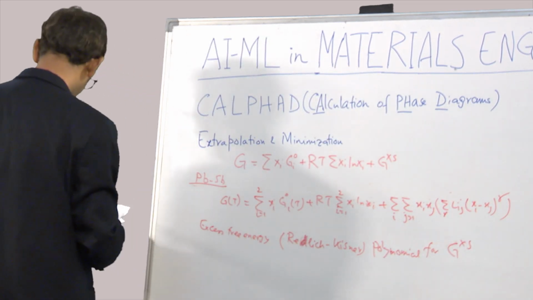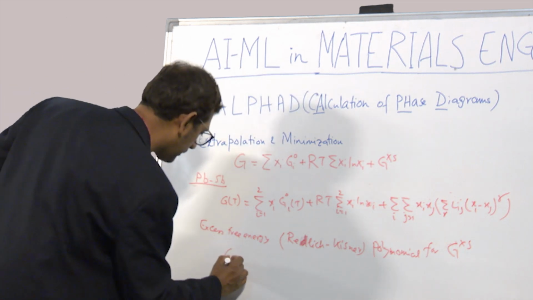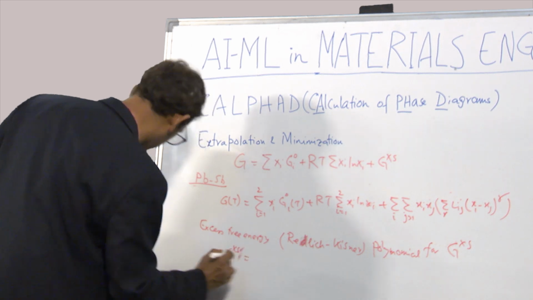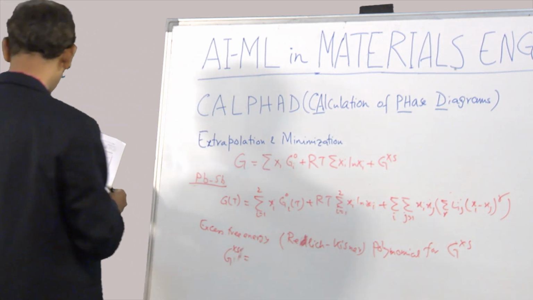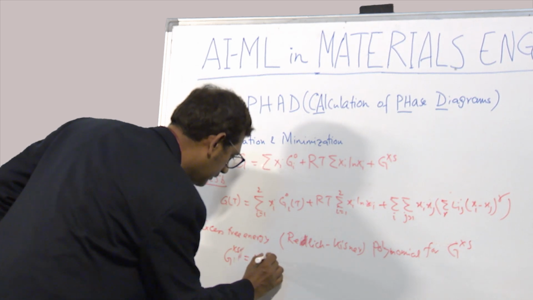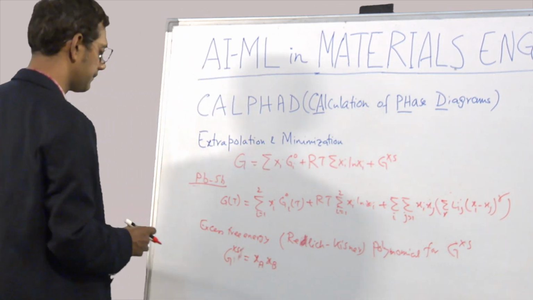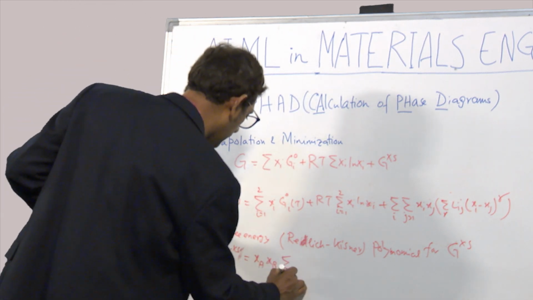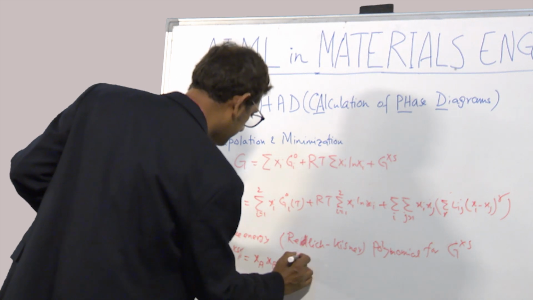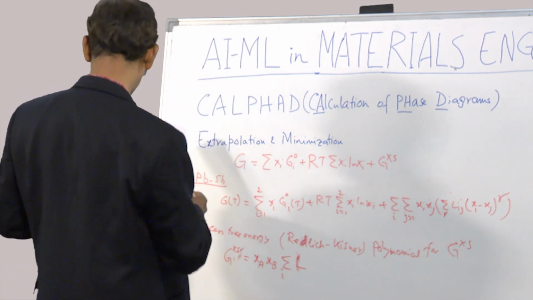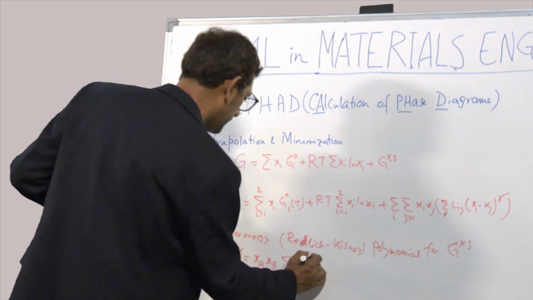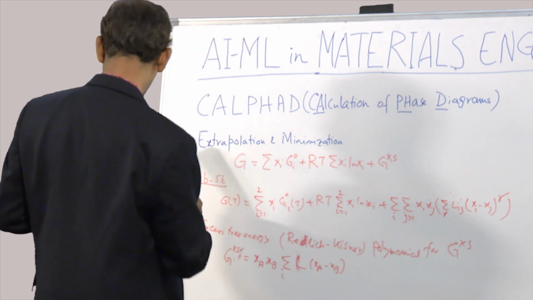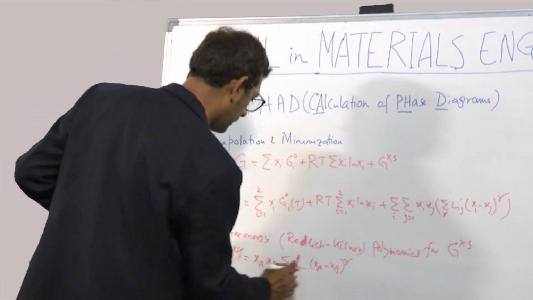What is that? That is nothing but x_a x_b, where a and b are the two components here, the summation over i of L_i, into (x_a minus x_b) to the power gamma.